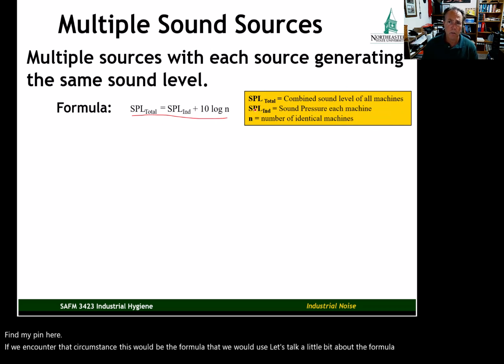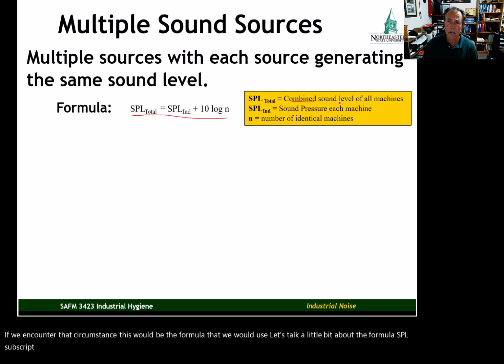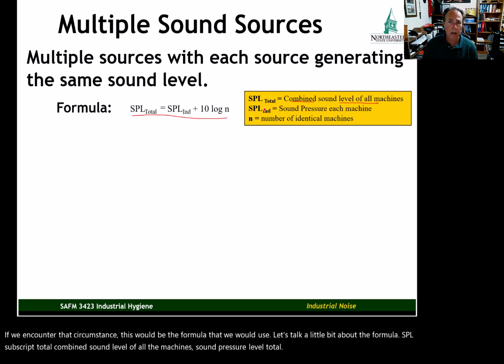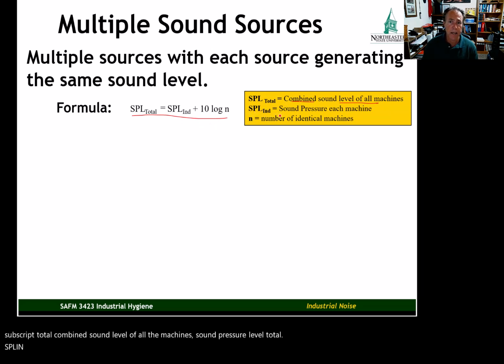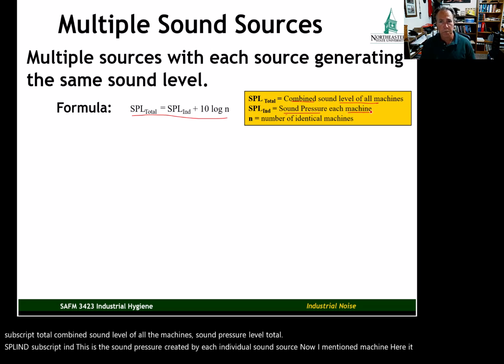SPL subscript total, combined sound level of all the machines. Sound pressure level total. SPL IND, subscript IND. This is the sound pressure created by each individual sound source. I mentioned machine here. It could be other sound sources besides a machine.